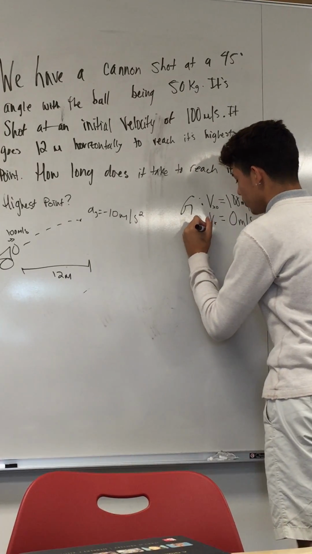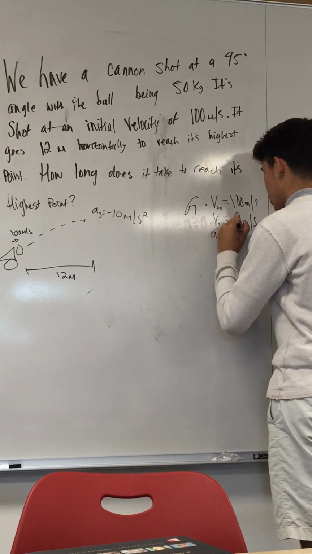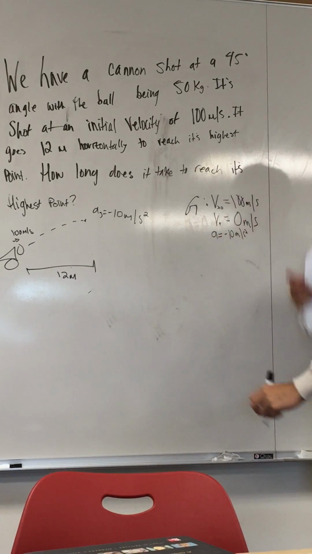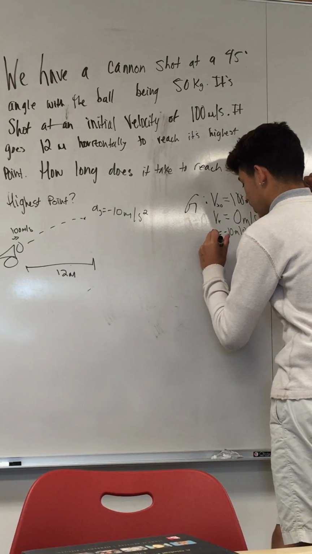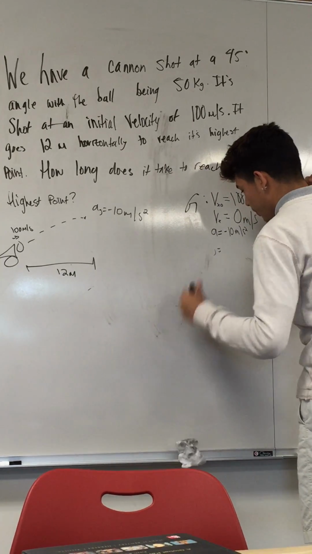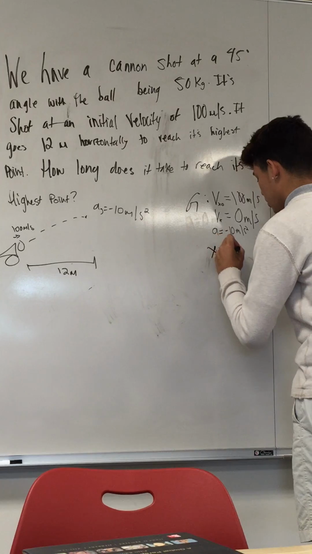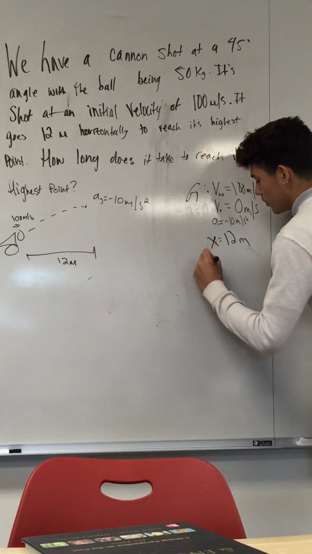Acceleration is negative 10 meters per second squared. Displacement in the horizontal direction, that's x actually, is 12. So all we need is time.